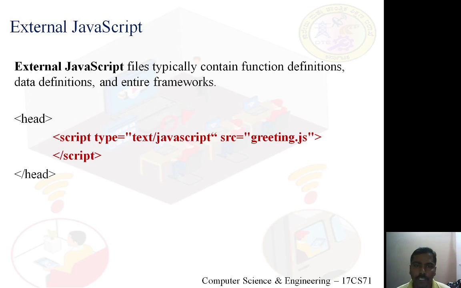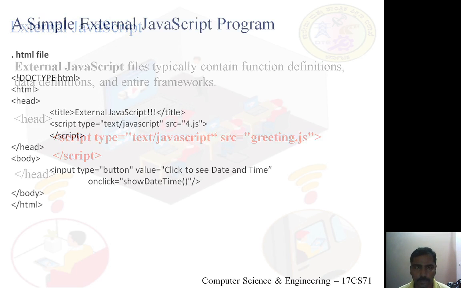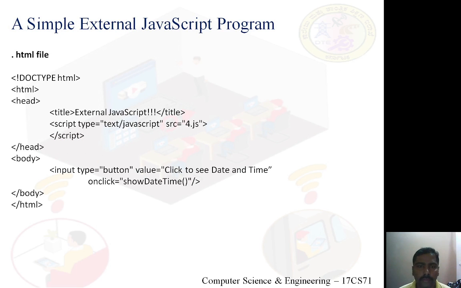Now as you can see in this code fragment, within the script tag I have not included any JavaScript, but I specify the source file which holds JavaScripts. Now let me have a look at the sample program. There are two parts in this program.